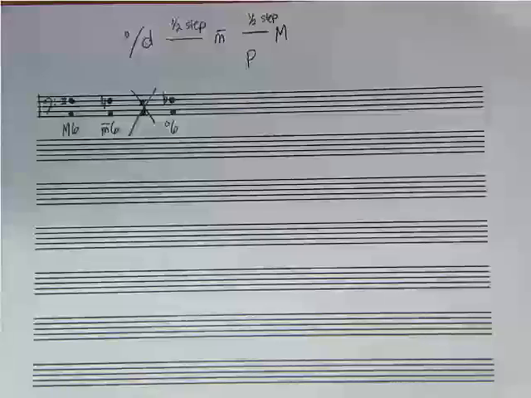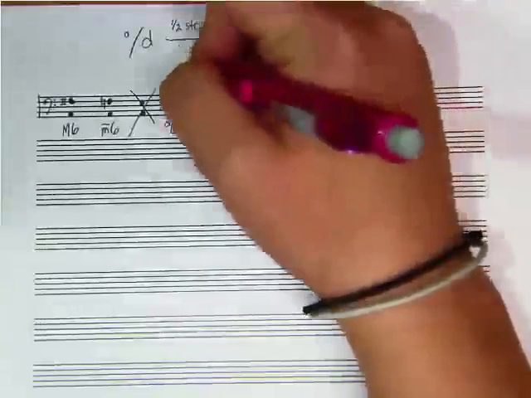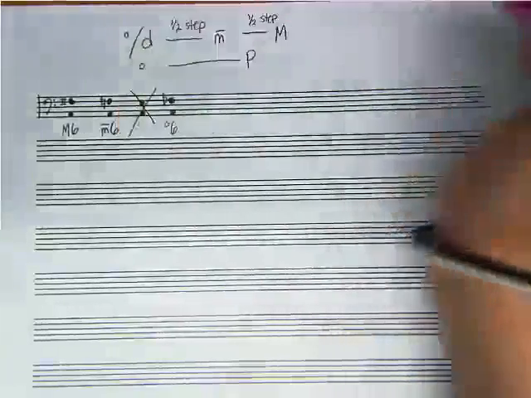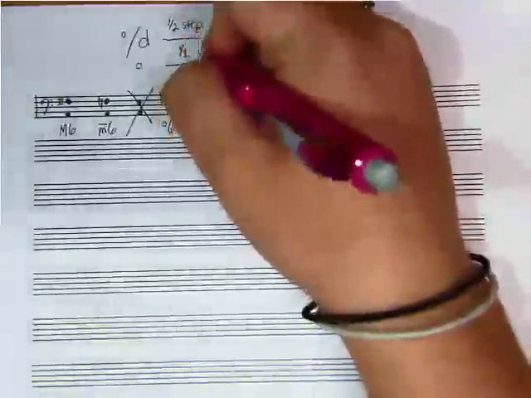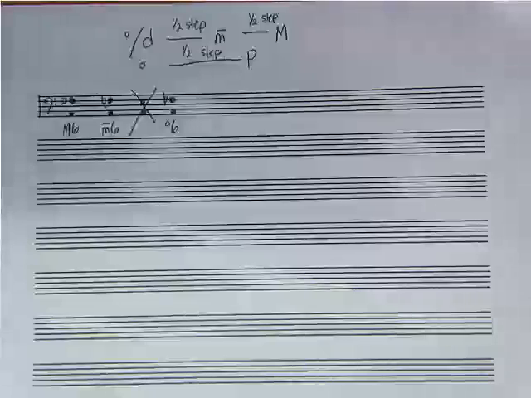And if you make a perfect interval a half step smaller, you just get diminished. You go straight to diminished. You bypass minor altogether. So it's even simpler when you have a perfect interval.